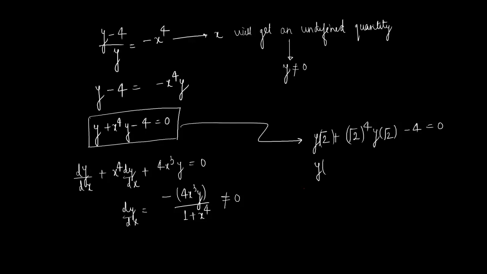So y of root 2 will be common; root 2 to the power 4 will be 4, so y of root 2 times (4 plus 1) minus 4 is equal to 0.